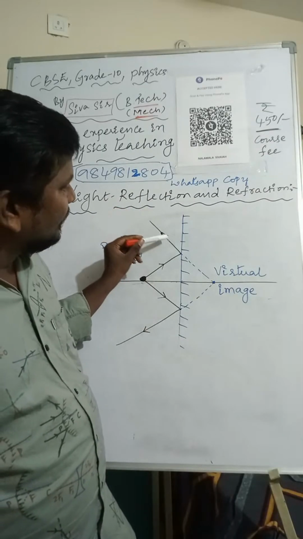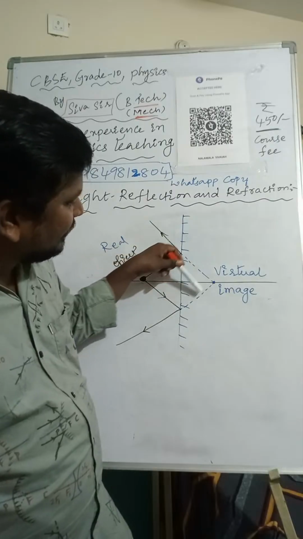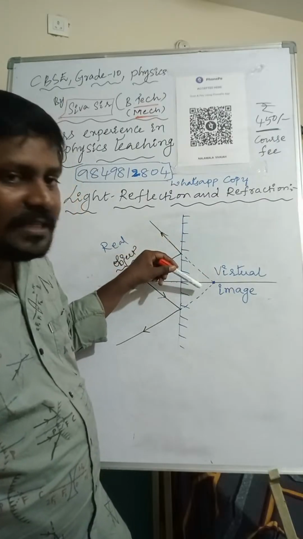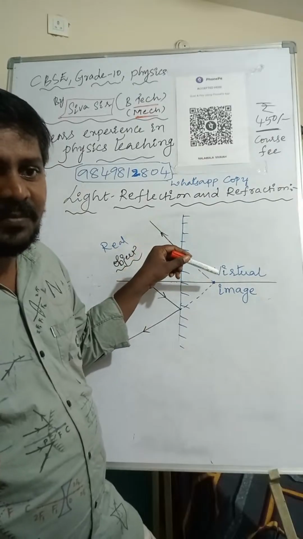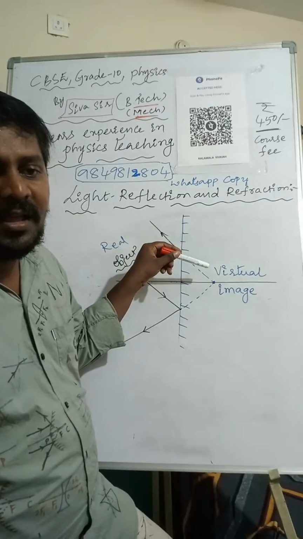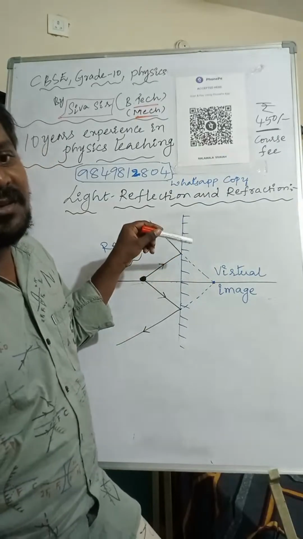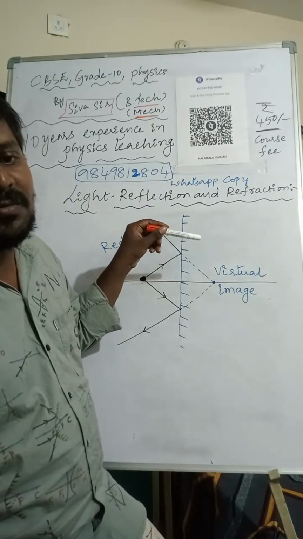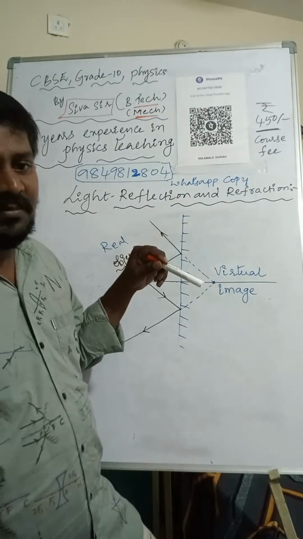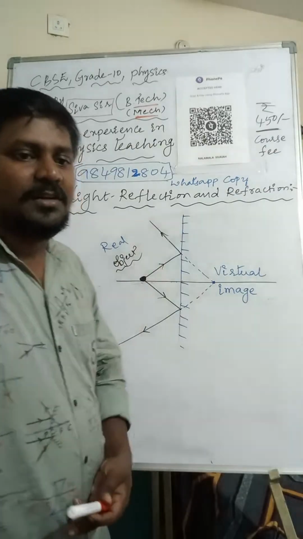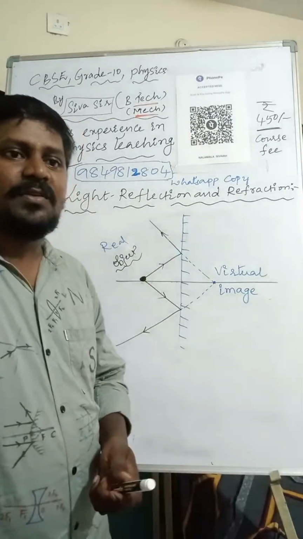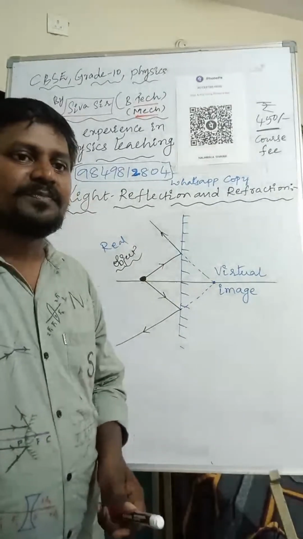We are extending this reflected ray, and here also extending the reflected ray. Those light rays are meeting at one point, so their image will form. What type of image is forming? Virtual image. Clear?